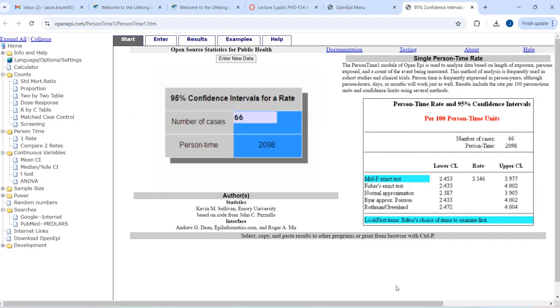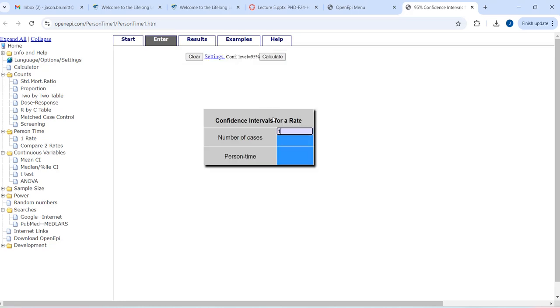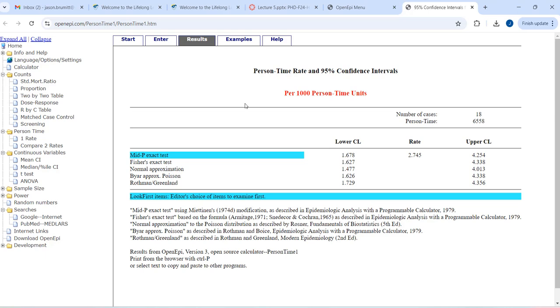So let's come back to here, enter new data, 18 and 6558. Then we'll come up here and calculate, and OpenEpi will do the calculation for us.